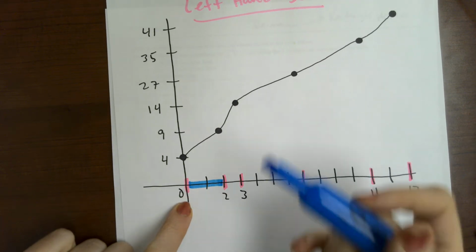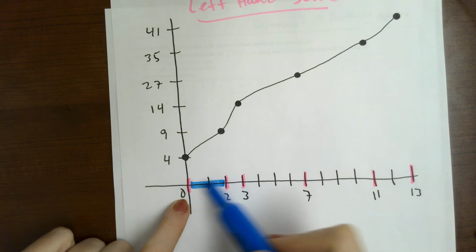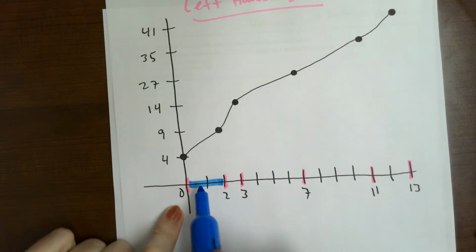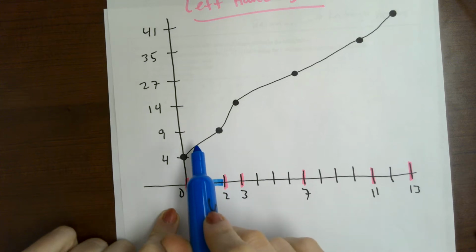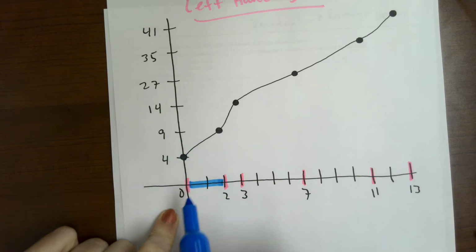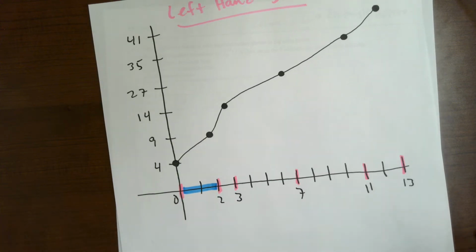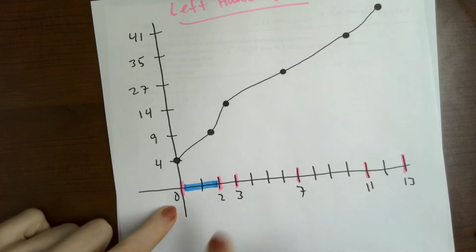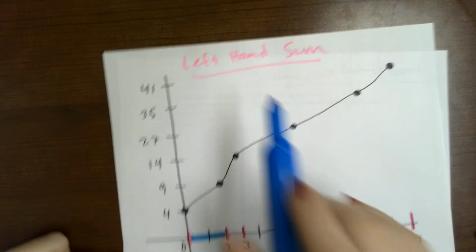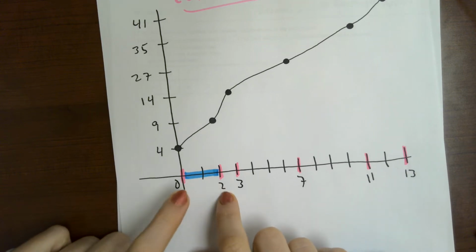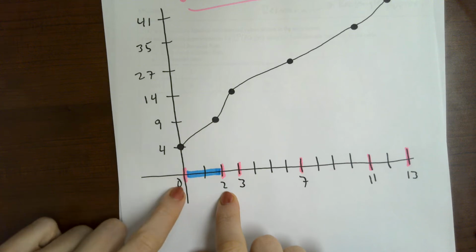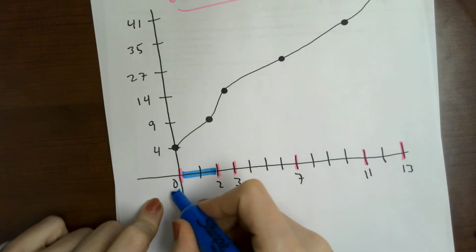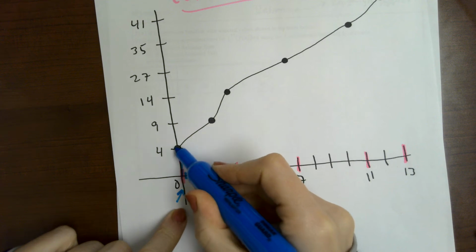The way that you determine the height of this rectangle is by going from some point on the base up till you touch the graph, and then completing a horizontal line to finish off the rectangle. And so for a left-hand sum, we look at the endpoints of the first base, and you use the left endpoint to go up to the graph.